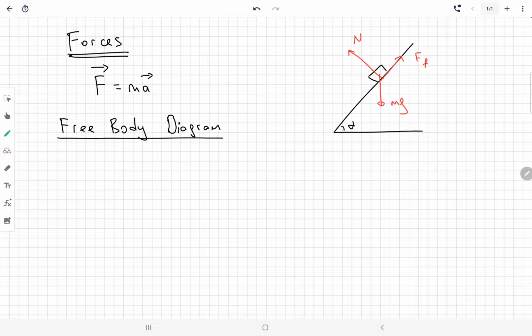These red arrows that you see here are the free body diagram. That's all. When you draw a free body diagram, it will be easy for us to apply Newton's second law. Basically, we finished forces and dynamics. Now it's a matter of solving problems. So let me start with simple problems and let's continue.